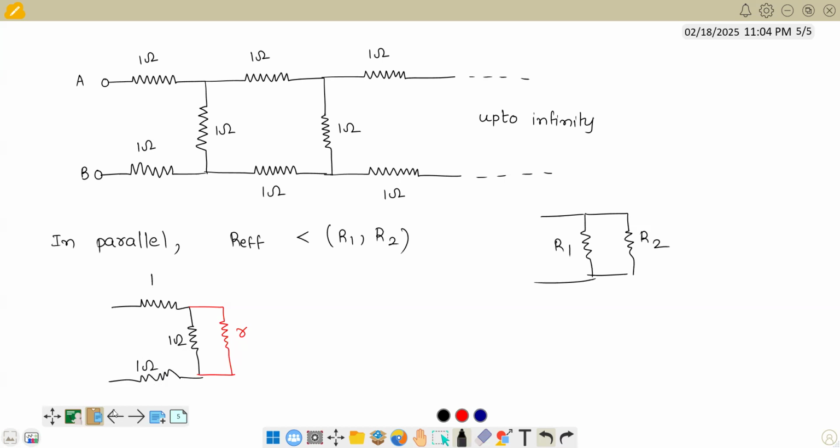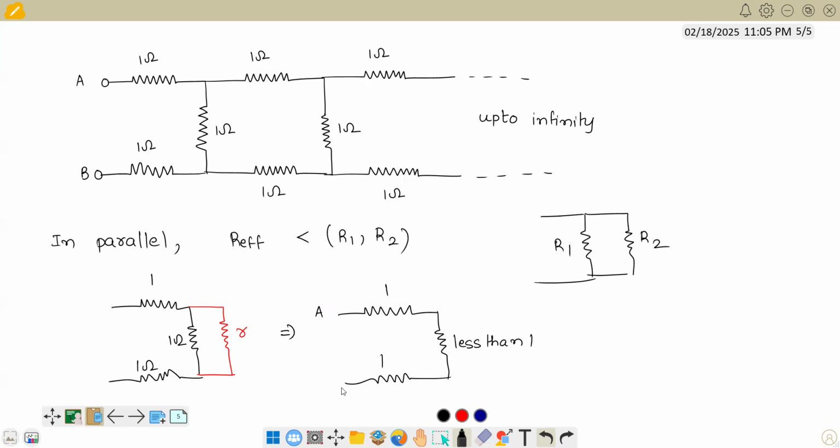Between 1 and R, we can clearly tell my R effective will be whatever is the effective resistance between these two. If I try to solve it, it has to be lesser than 1 ohm. So I can write 1, and here between these two I can write less than 1, and then we have 1.